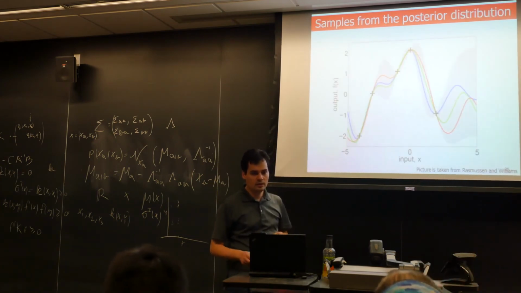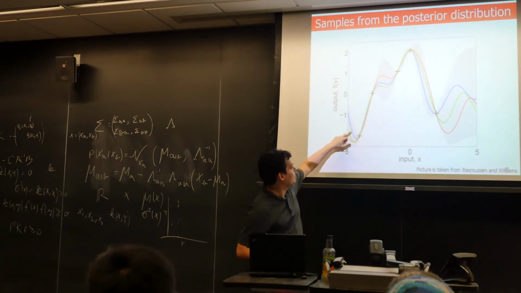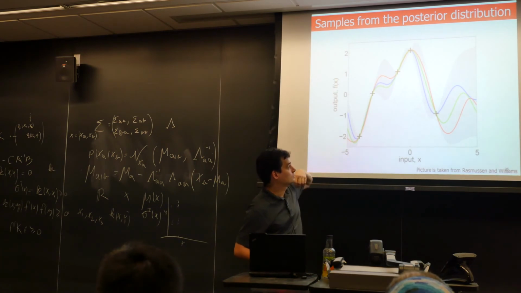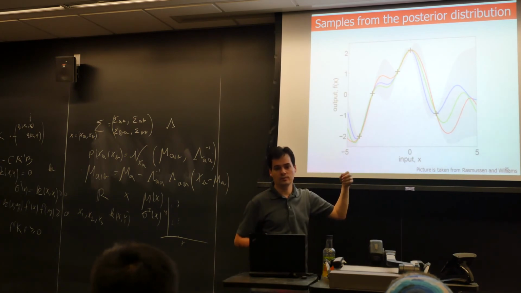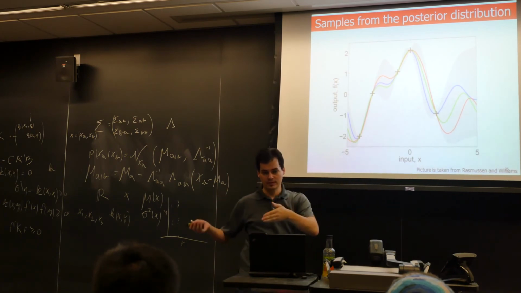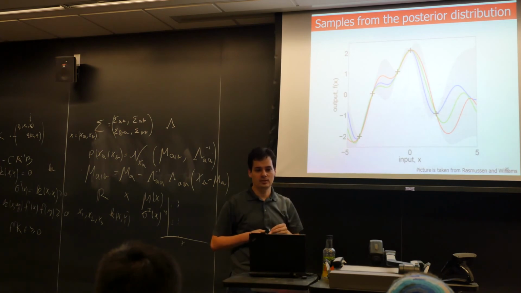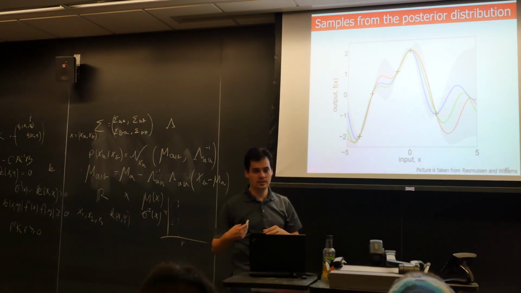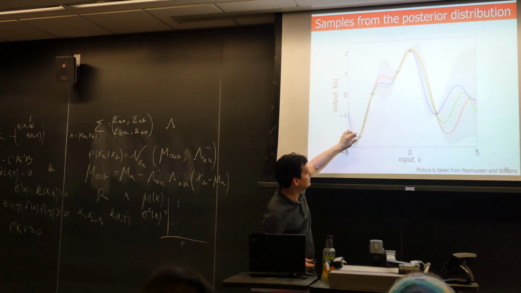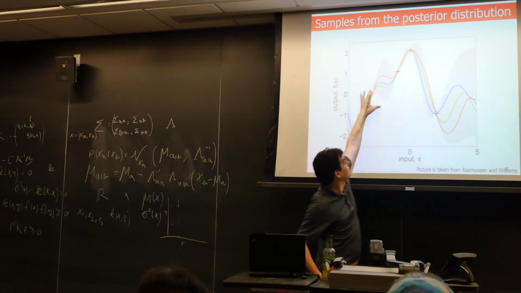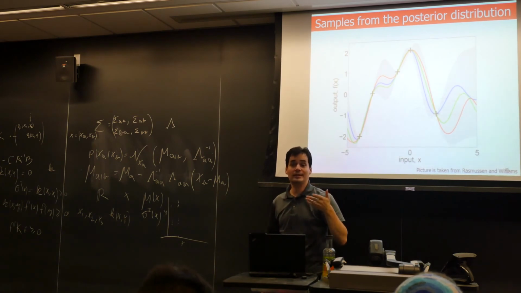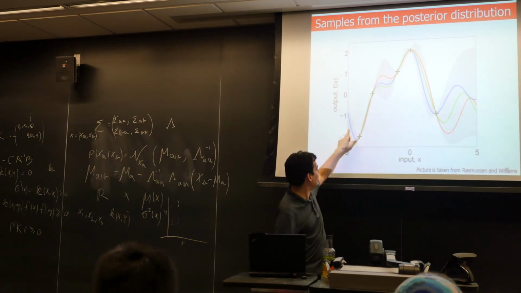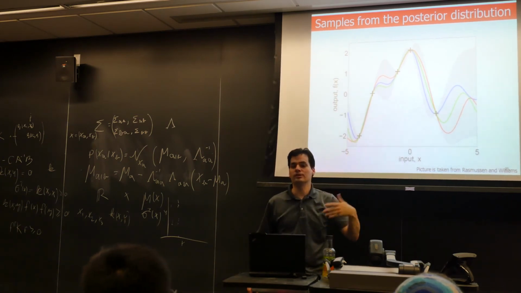What do these three colors represent? These are just functions sampled from the conditional Gaussian distributions, from the Gaussian process after I trained it on the data. These gray shapes are the confidence intervals, and if I sample regression functions from those Gaussian distributions, they would look like this. So they are all possible regression functions.